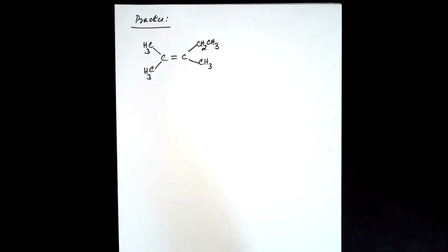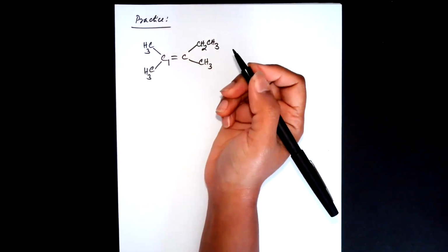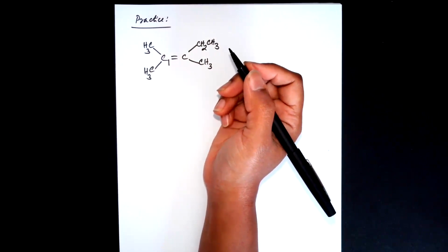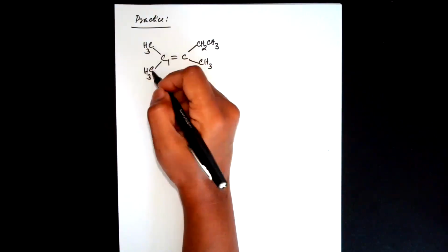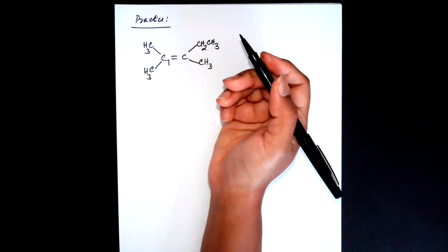Let's do one carbon at a time. So I stop at carbon 1. Again, I'm not following IUPAC nomenclature numbering rules. I'm just numbering them so that I can call them some name. So this is my carbon 1. Carbon 1 has two of the same groups. How do I even know which has higher priority?